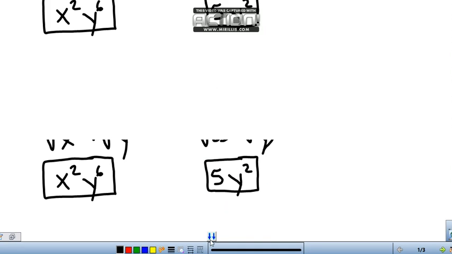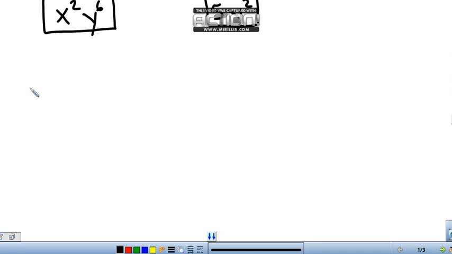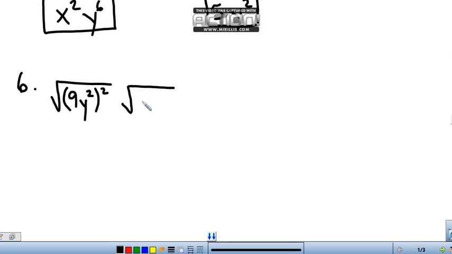Okay, moving on. We have number 6. The square root of 9y squared times the same thing, the square root of 9y squared. Okay, so let's see here.